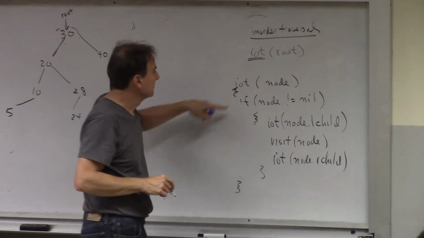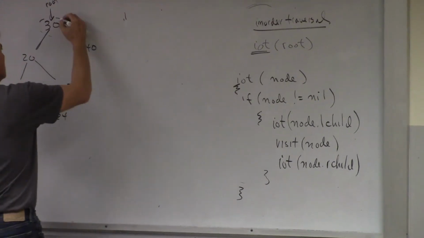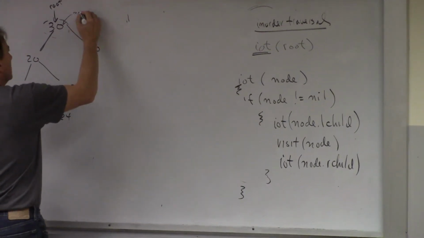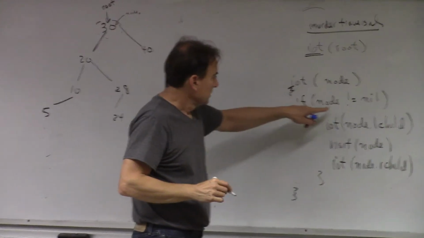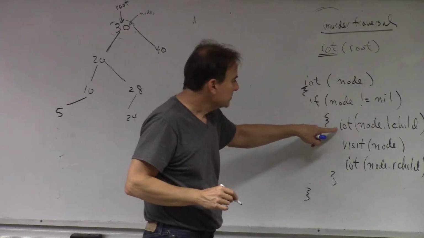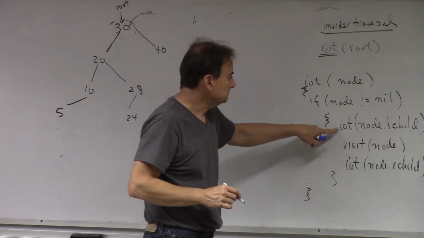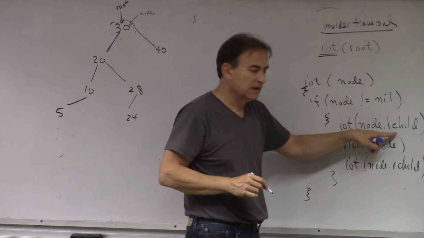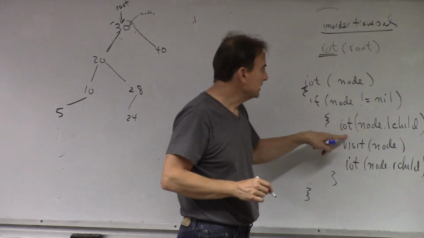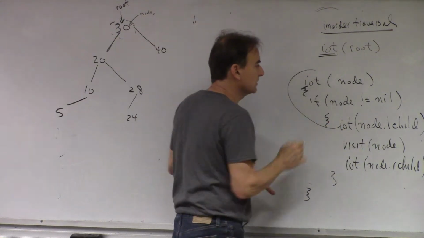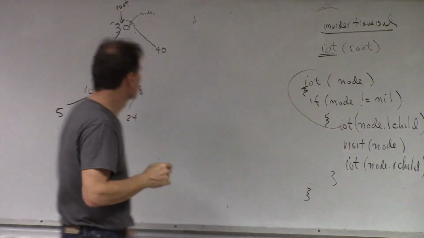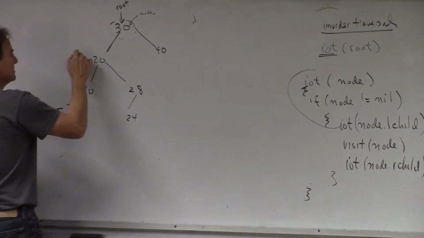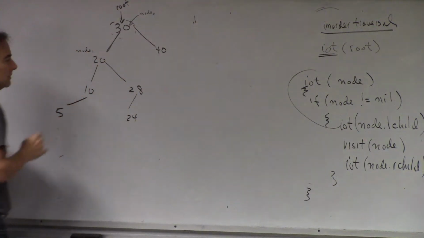So at level 0, this is node sub 0, node level 0. Not equal to nil is true, so we go IoT node dot left child. IoT is recursive, so therefore the left child becomes the new node at level 1. So this becomes the node level 1.